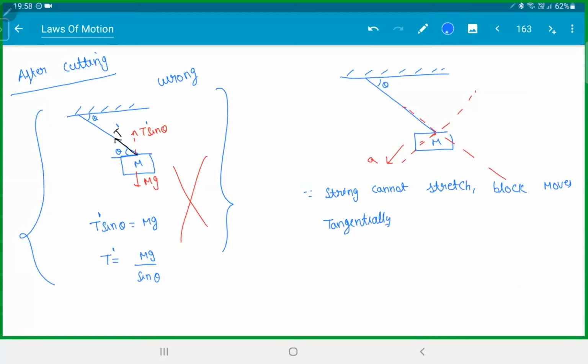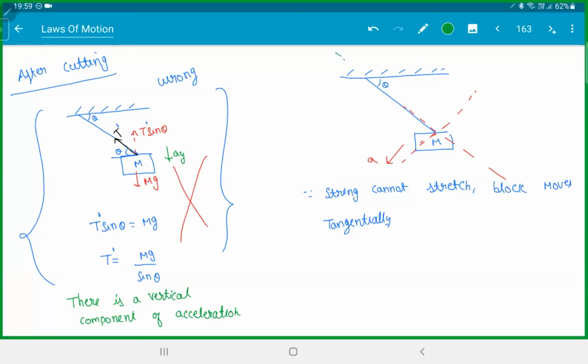The reason why this is wrong is because there is a vertical component of acceleration which we are ignoring. The block is swinging and it is going down. There is a vertical component of acceleration which you are ignoring.